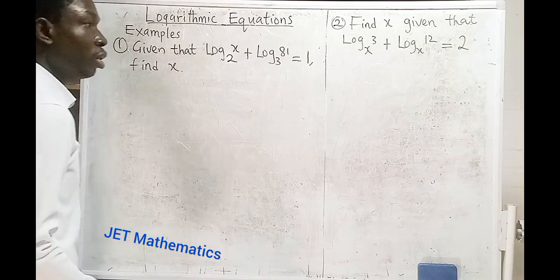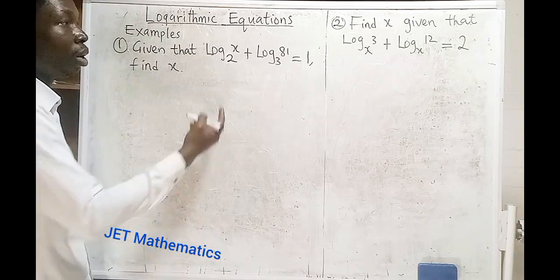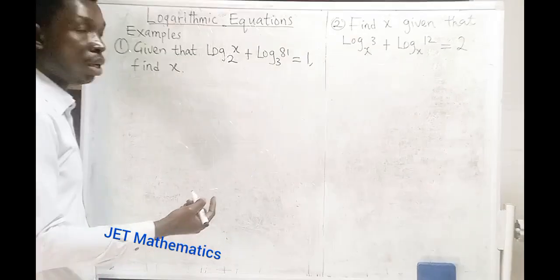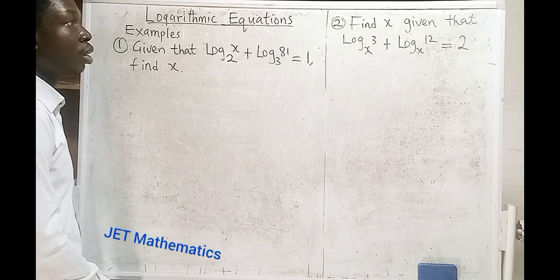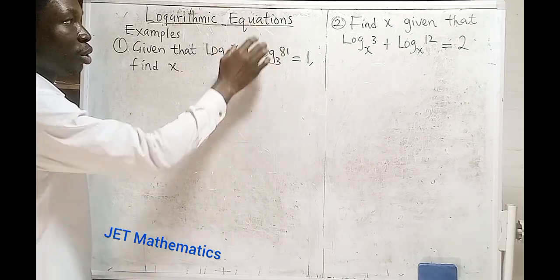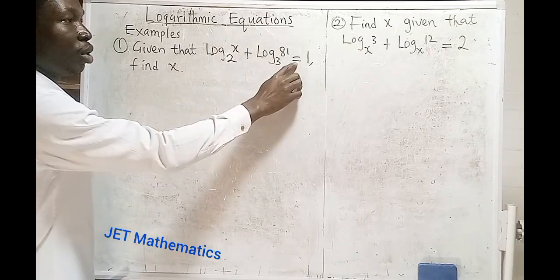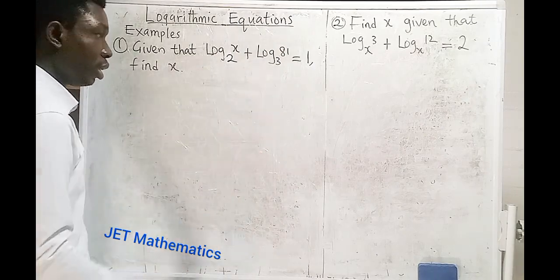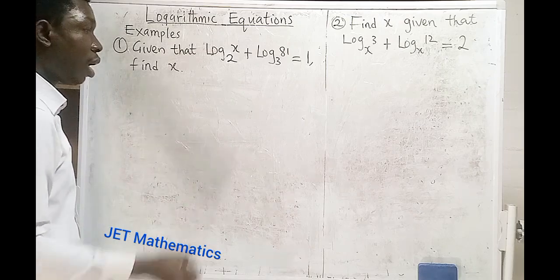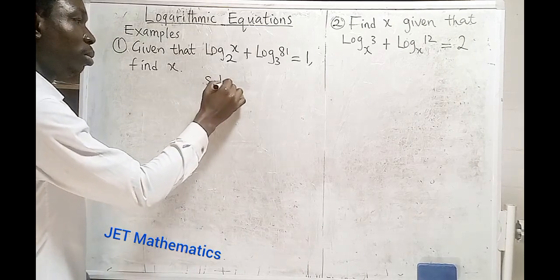Unlike the examples we have seen in our previous videos, which were problems on expressions, this is on equations, and you are seeing the equality sign in the question. So we have a solution to this problem.